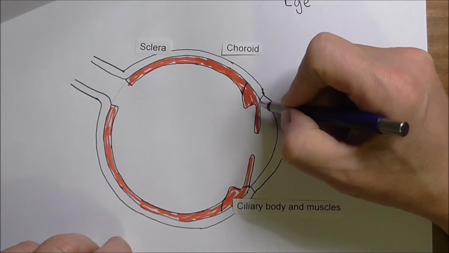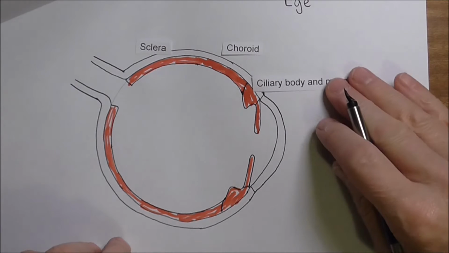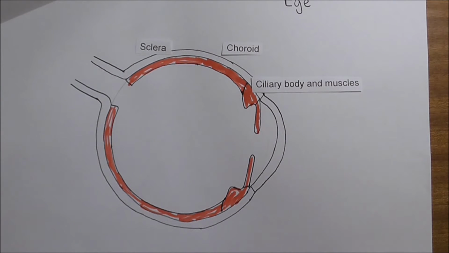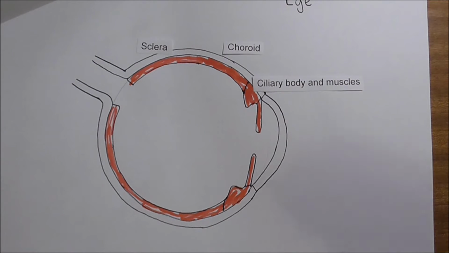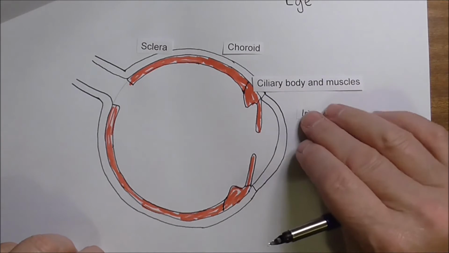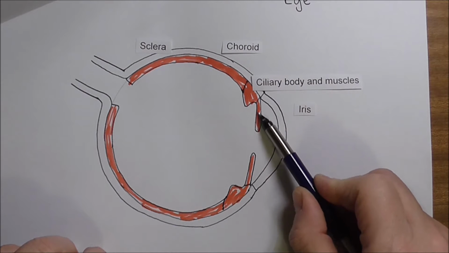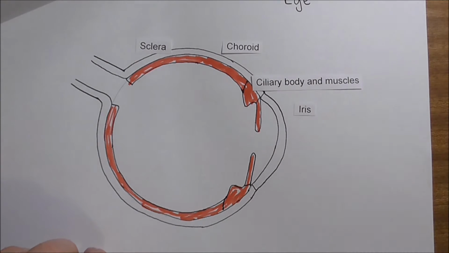It's a bit artificial, but the ciliary body and muscle would be that bit there. And the iris, this bit here, the iris is the coloured part of the eye. So that is the iris there and there. Looking at it from the front, that is the coloured part of the eye that we see just there, the iris.